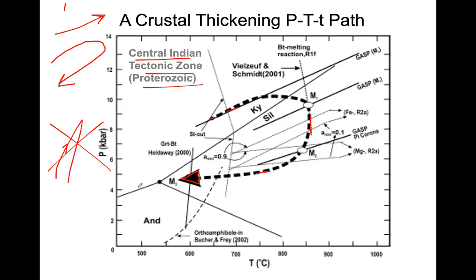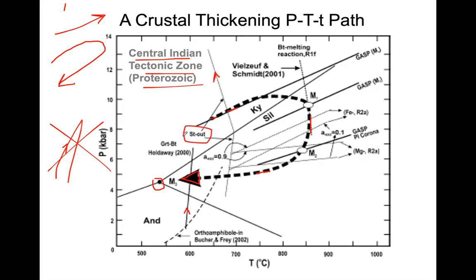The preliminary reactions for aluminosilicates are also there, showing the aluminosilicate triple point here. And you see some reactions. So this is one reaction line, and this is a mineral stability field. For example, you see here ST out.